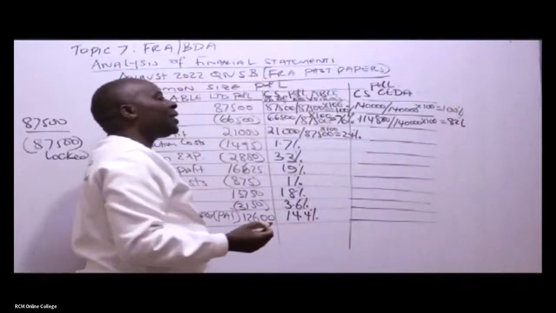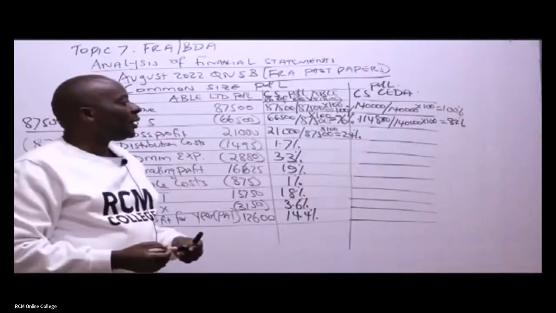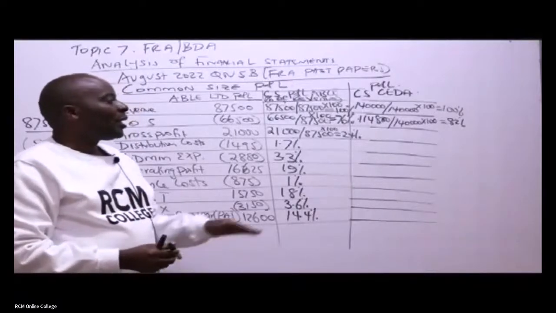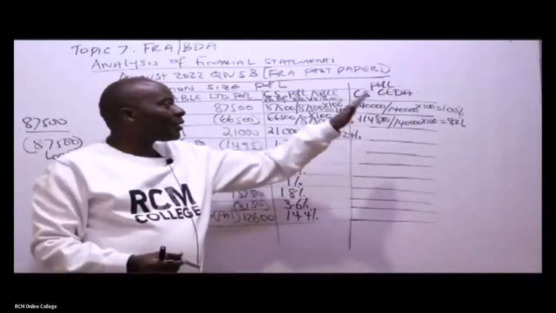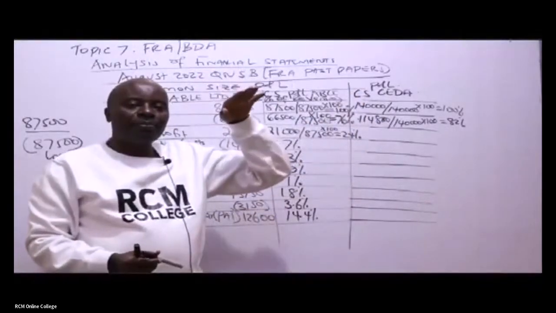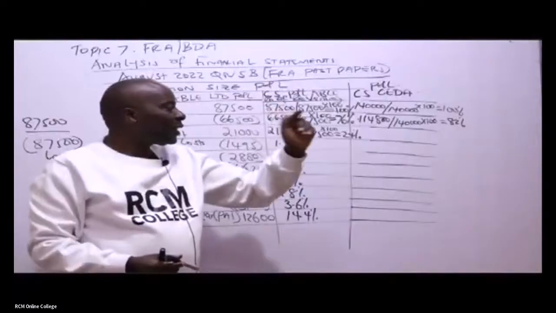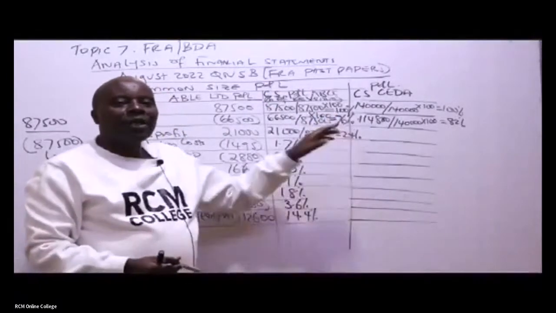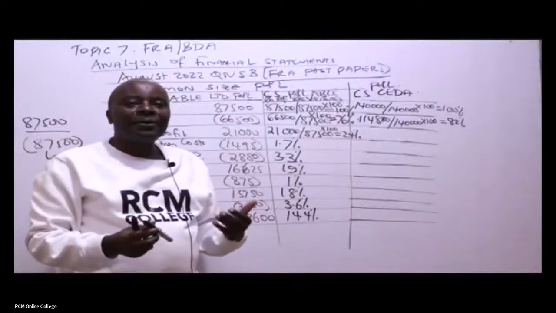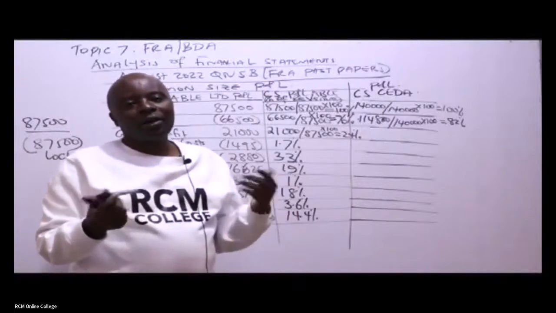Now you can see in this case here, in terms of the cost of sales, using the common size, I can see that the cost of sales for CIDA is higher. It's at 82%, and for ABO, it's at 76%. So I need to ask myself, how comes CIDA has a higher cost of sales?